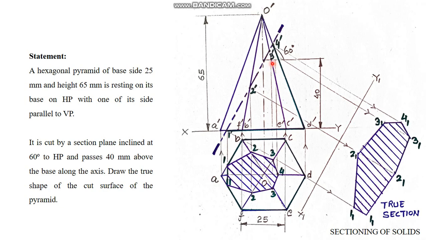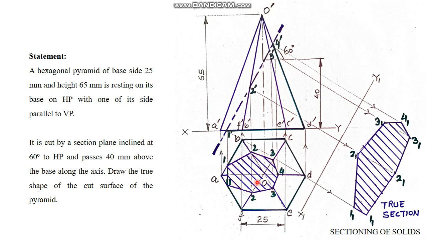So take the projection from 3 dash and mark on OC and OE in the top view. Take the projection from 4 dash and mark on OD, because in the front view point 4 dash is situated on O dash D dash, and join all these points 1, 2, 3, 4 and show the sectioning.